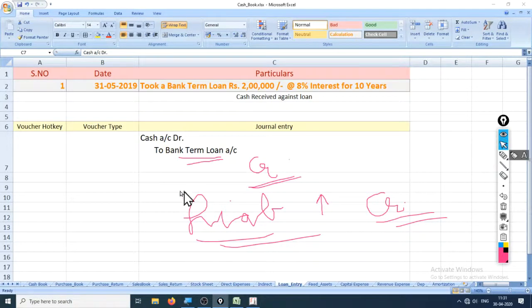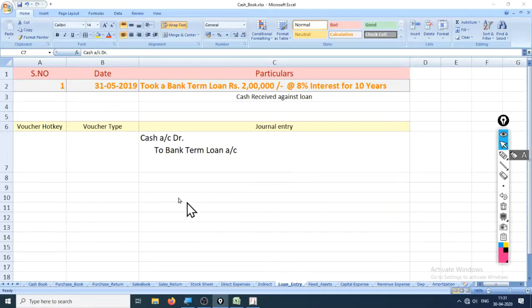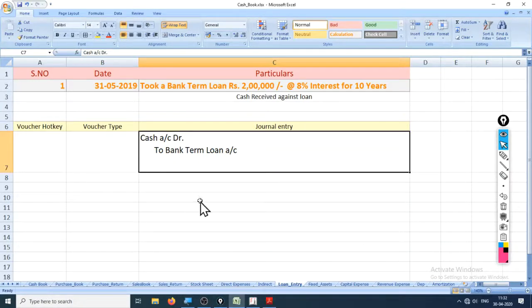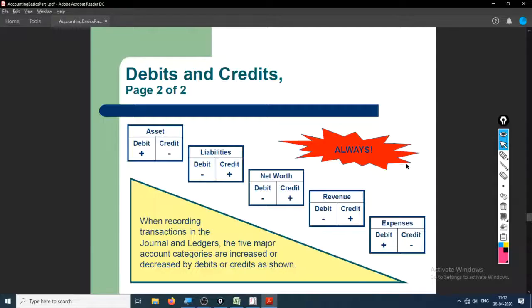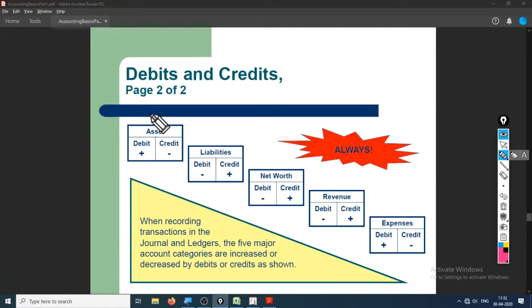If it is still not clear why bank term loan is credited, you can refer to this sheet right here. This was the sheet when we learned the basics of debits and credits. I told you that we'll learn it someday. Hence, liability is increased, it should be credited.